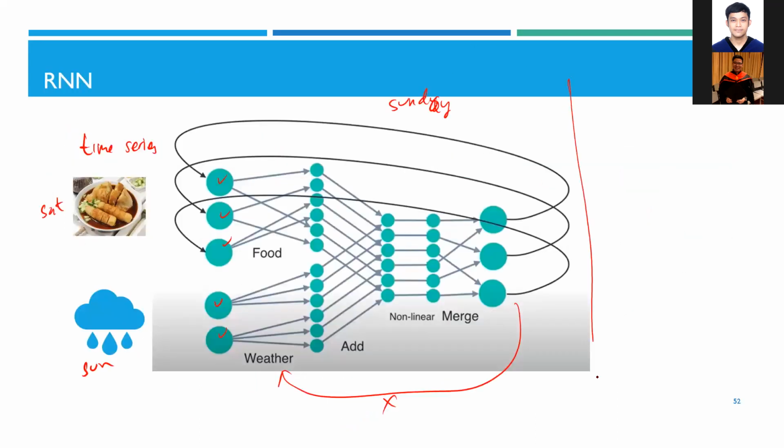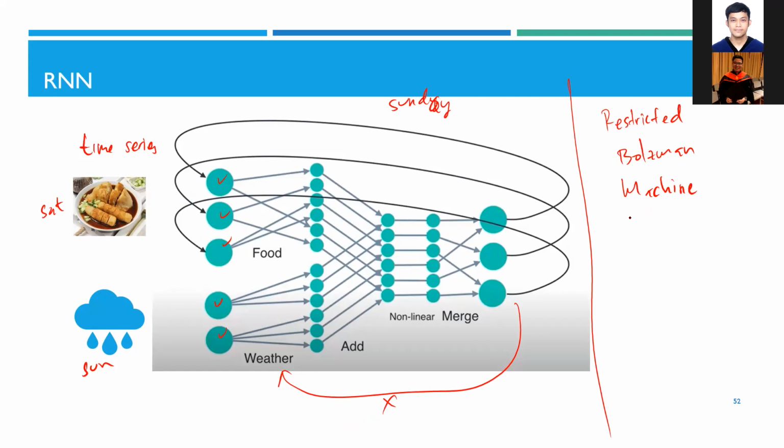Okay, you can also use a restricted Boltzmann machine, RBM. This is also based on a neural network.